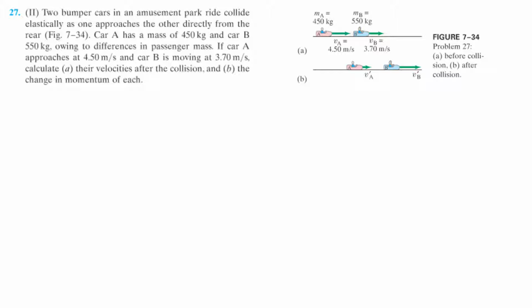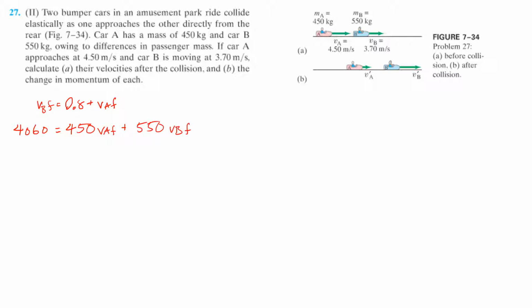Okay, so in the last slide, we figured out that VBF is equal to 0.8 plus VAF. On top of that, we knew that 4060 is equal to 450 VAF plus 550 VBF.